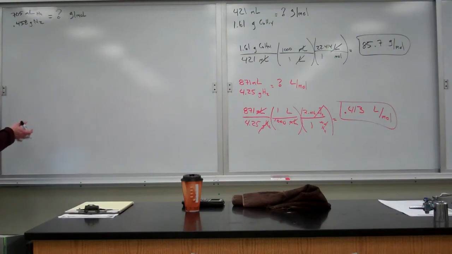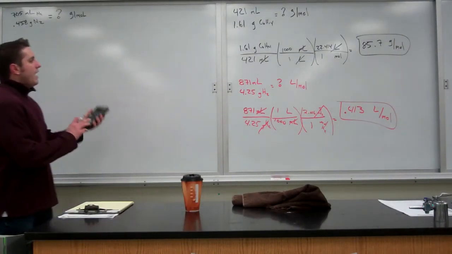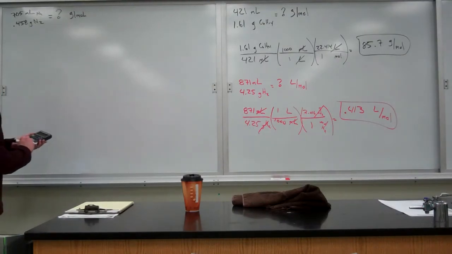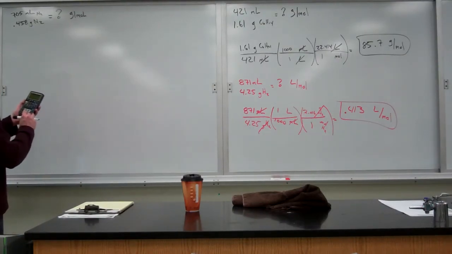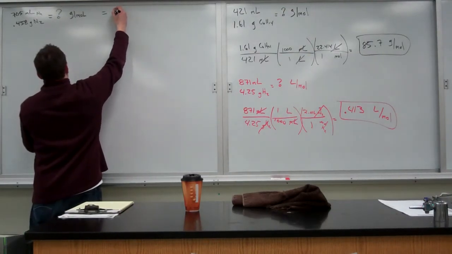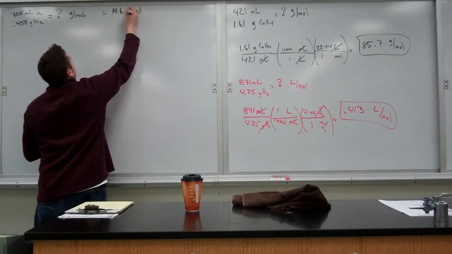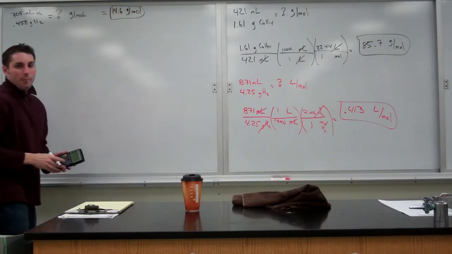So you should set that up the same way as we did. I'll let you do that. I'll just work it out so that you can check your answer. But you should set it up so that 0.458 is over 705 at the beginning, times 1,000, times the 22.414, and if you do this correctly, you end up with a value of 14.6 grams per mole.